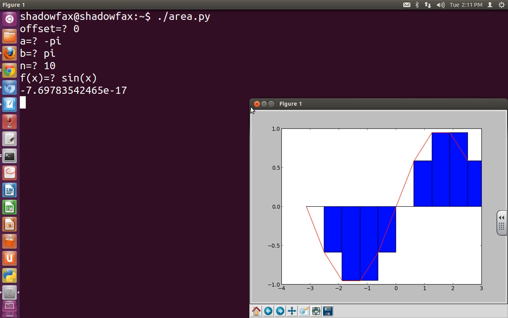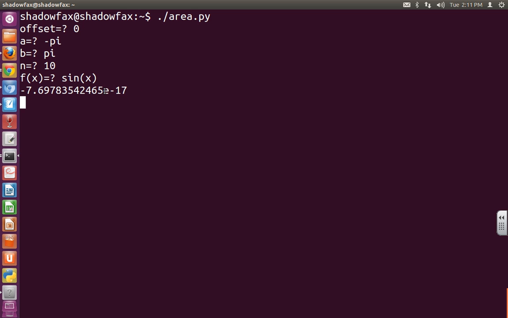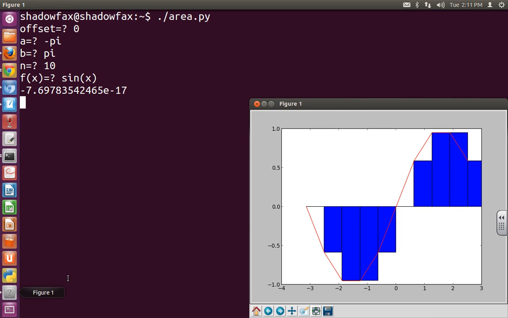See what it's doing? All right, so now that answer is negative 7 times 10 to the negative 17th. A scientific notated number is really, really small, right? So that's essentially 0. If you round off to like 3 places like we usually do. All right. Where did my graph go? All right, so my left sum is 0.